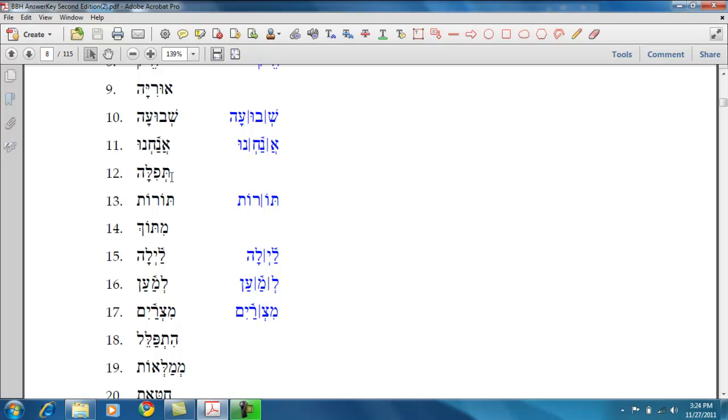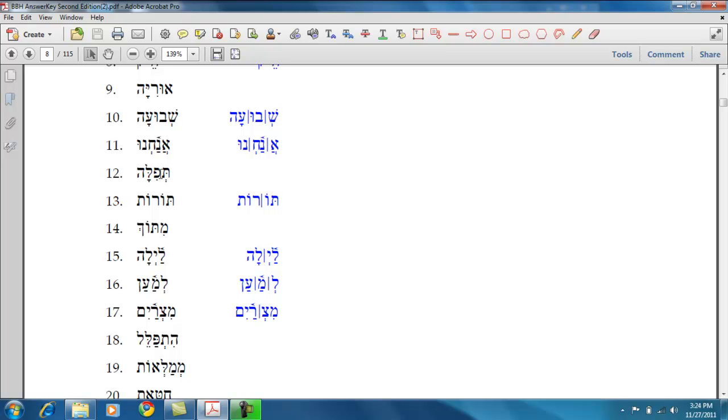Okay, number 12 we have tefillah. We have the tav with the shava, and that would be a vocal shava under the first consonant. And that's a dagesh lene in that tav right there. It's a big fat letter, and it's not following a vowel, so we know that is a dagesh lene.